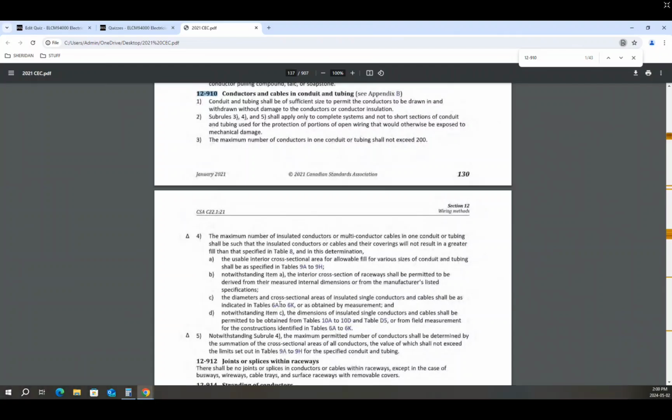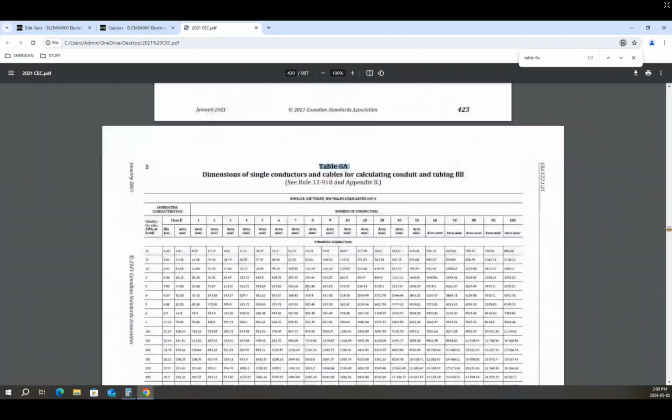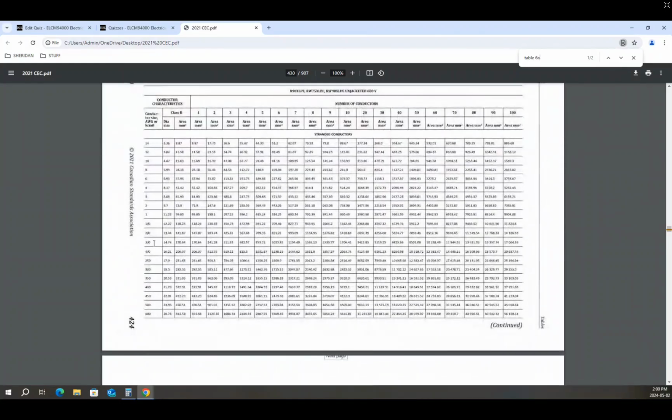Okay, so I need the cross section of 3/0. So I'm going to go to Table 6A. And there's 3 of them.